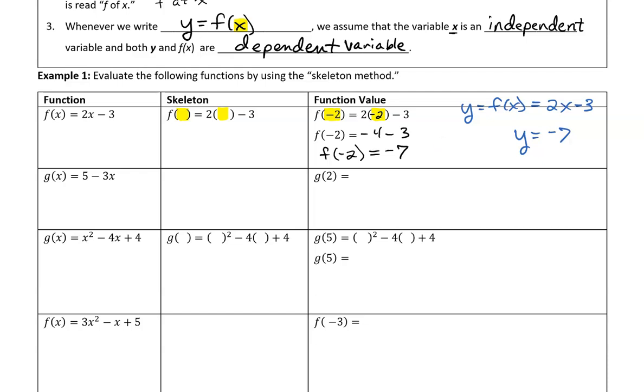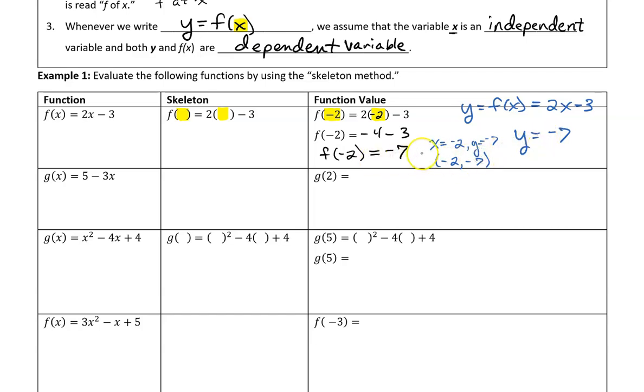In fact, if I wanted to, I could even write this out in a few other ways. I could say, well, the x value is negative 2, the y value is negative 7, separately like that. Then we could see the relationship there. If I'm thinking about a graph, an ordered pair, x is negative 2, y is negative 7.